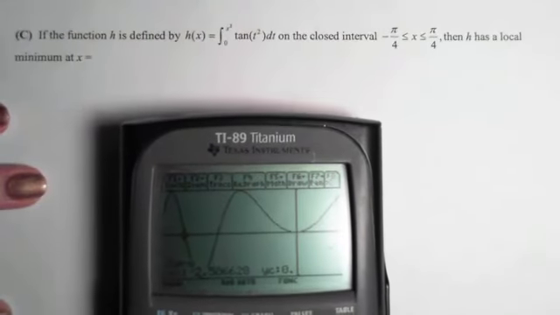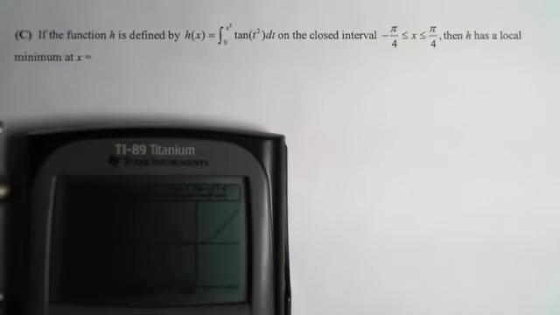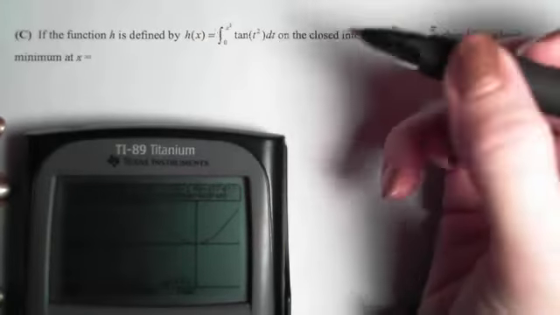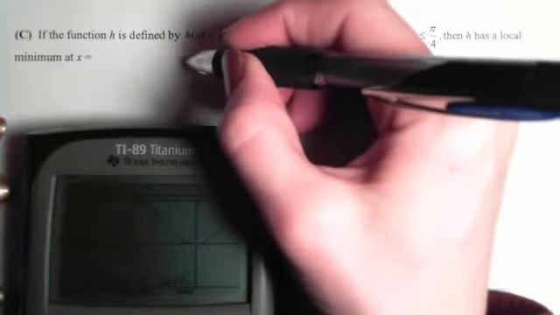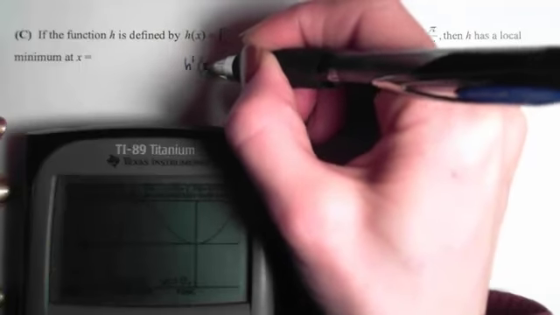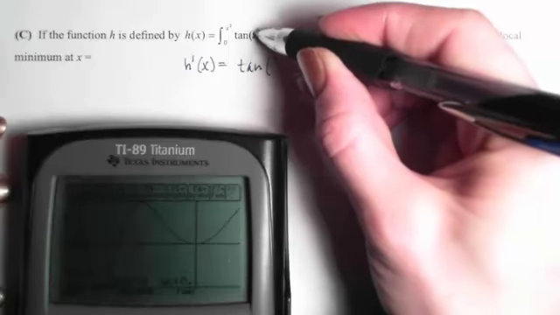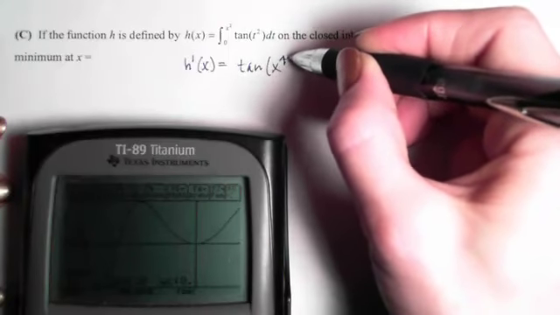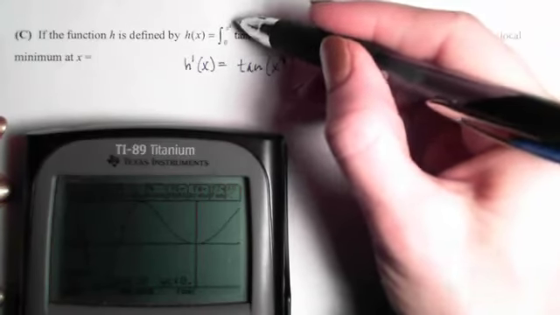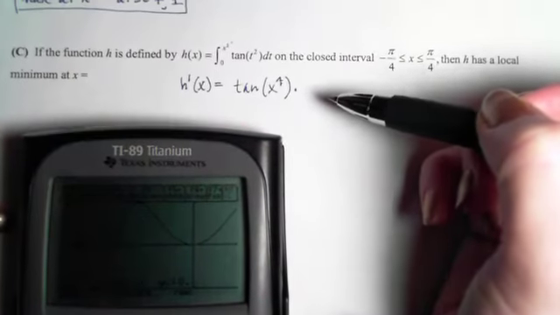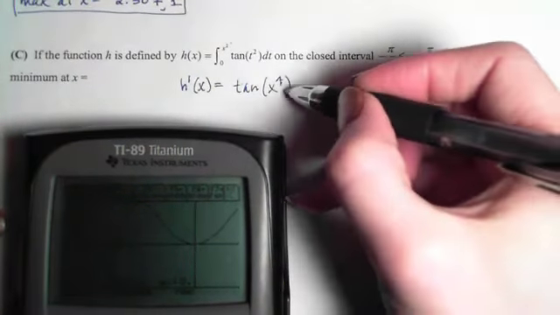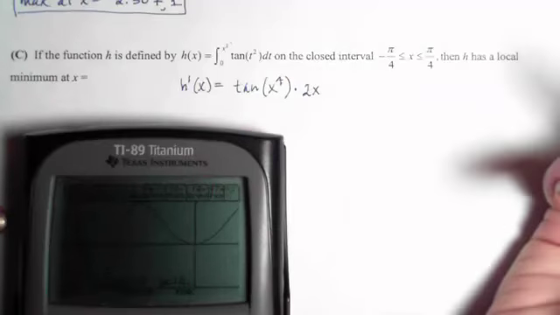If we look at the final one, part C, we have the same thing, except now we've got a different interval and a different function. Oh, and I'm going to have to do the chain rule. So we need h prime, which means I'll plug in that x squared. So x squared squared will give me an x to the 4th. And because this x squared was a function of x, I need to multiply by the derivative of it and get a 2x.